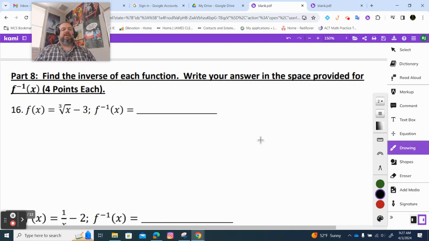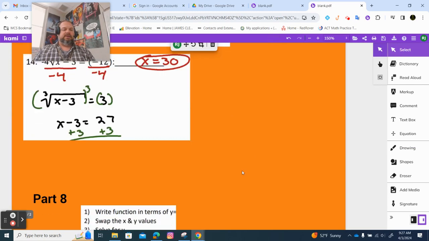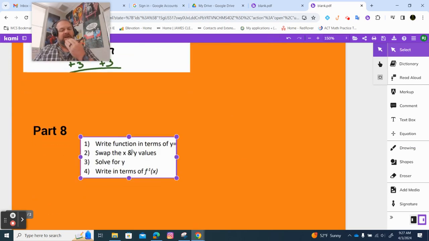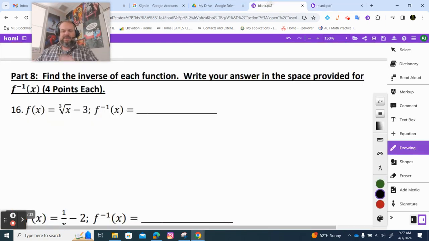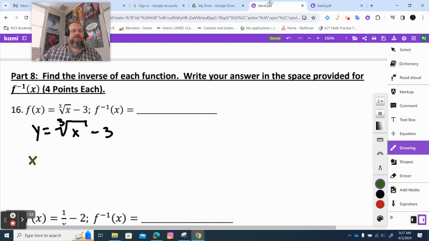So, part 8, write your function in this, swap. This is what we did yesterday. Okay. So, I'm literally going to follow the steps that we learned yesterday. I'm not changing anything up.